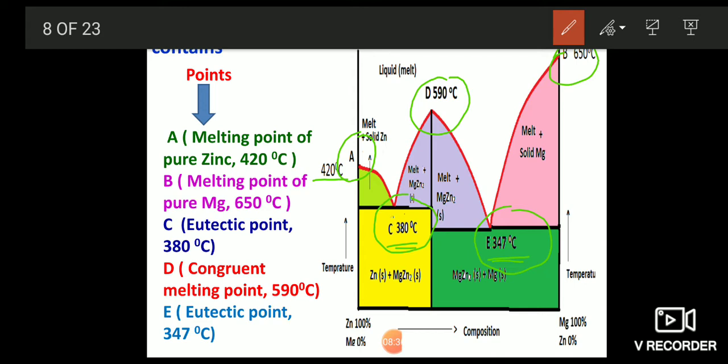C is at a higher temperature, 380, whereas E is at a lower temperature where the temperature is 347 only. Okay. So these two are not in the same level. C is a little higher than E.